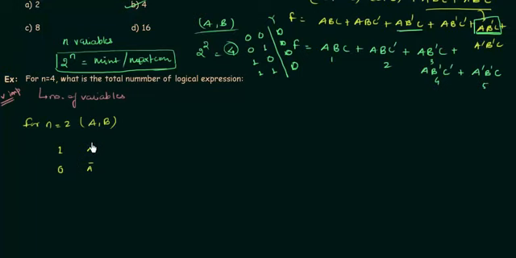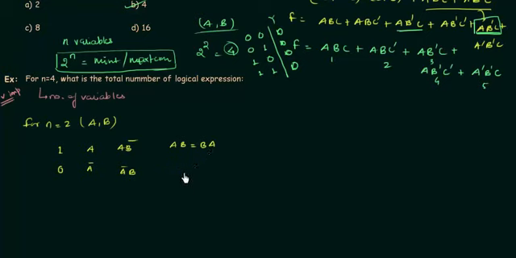When both a and b are 0, then also we have 0, and we can have b as 0 and a as a. So we have a as a complement, b as 0. And in the same way we have a b complement, a complement b, a b, and you cannot write b a as an independent case because a b is equal to b a.